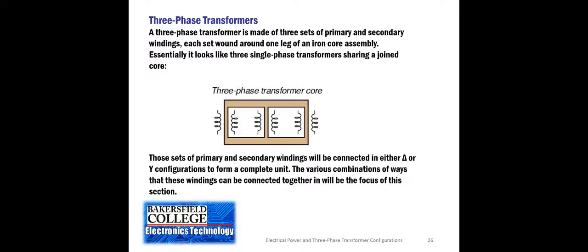So in this case, we have one transformer that is a three-phase transformer. And we can connect the primaries and the secondaries as either delta or Y, and that combination of configuration, in addition to the turns ratio of the transformer, will determine what voltage we have coming out into the facility.